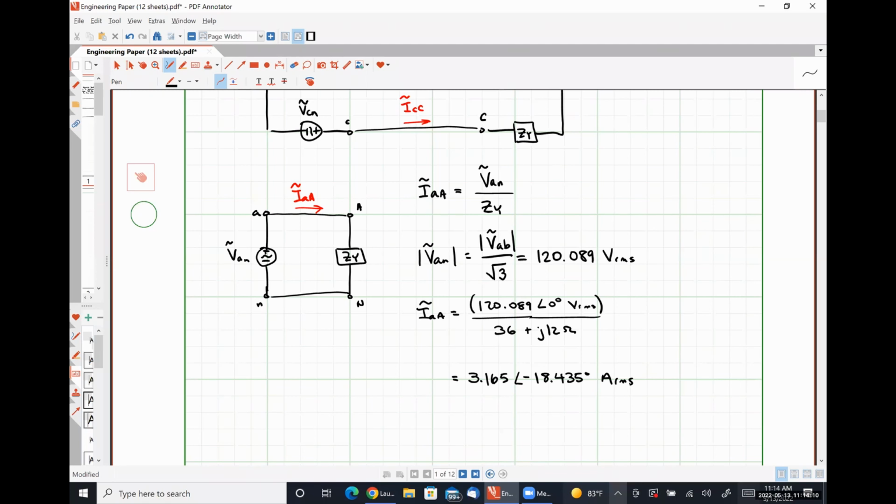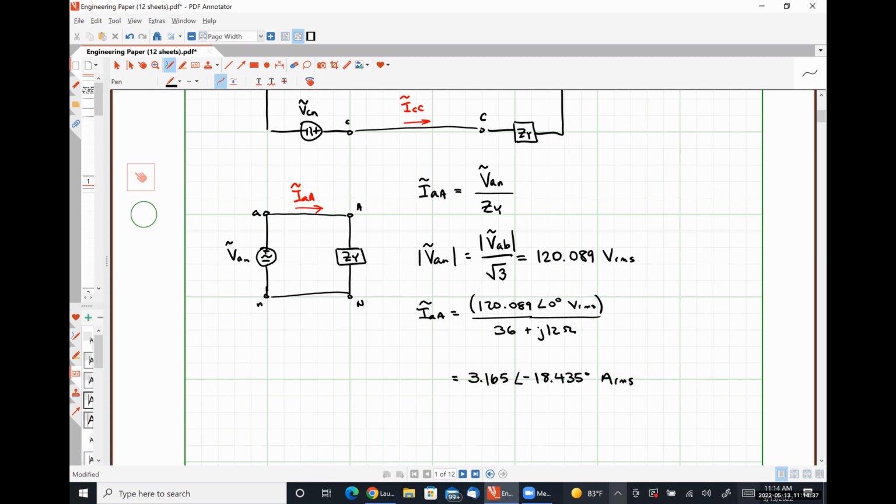It allowed us to go from phase voltages to line voltages, or as Bradley suggested, it's effectively the exact same thing as going from a Y connected source to a delta connected source, vice versa. Since we were only provided with the magnitude of our line voltages, we could only determine the magnitude of our phase voltages. And then we had to use the fact that the angle for VAN was given.